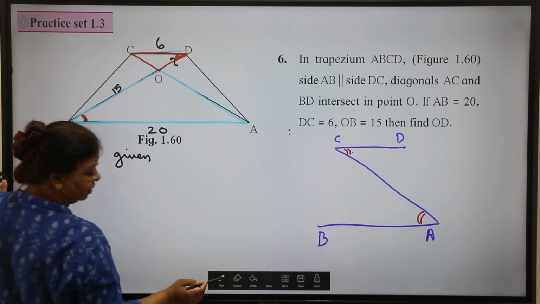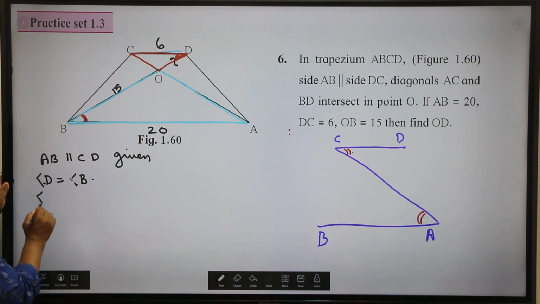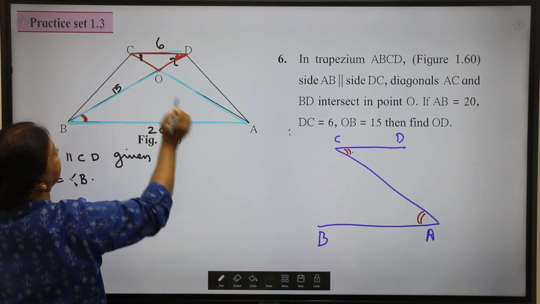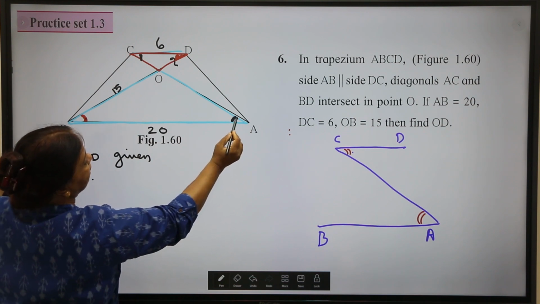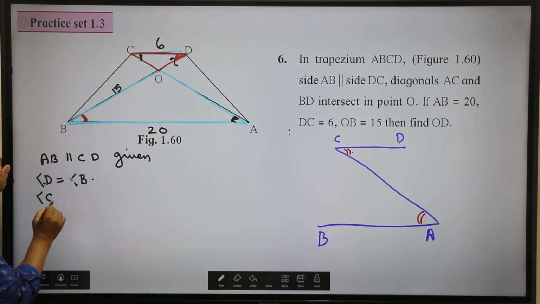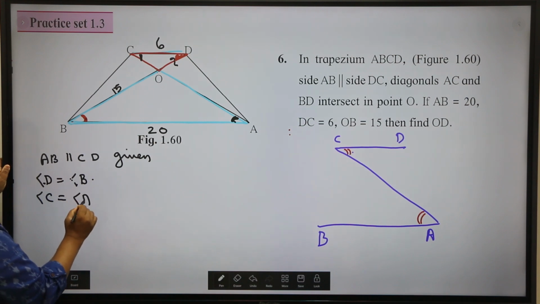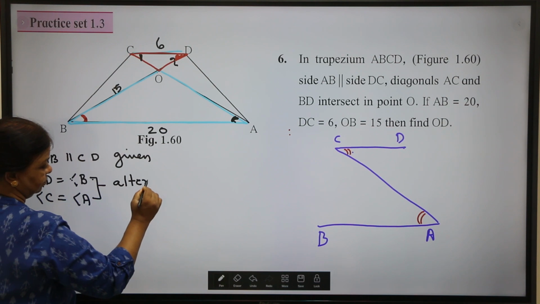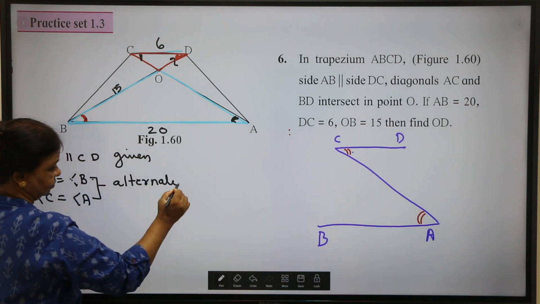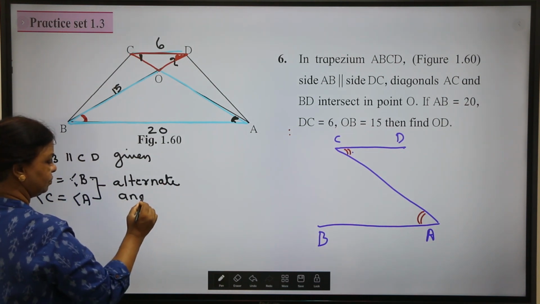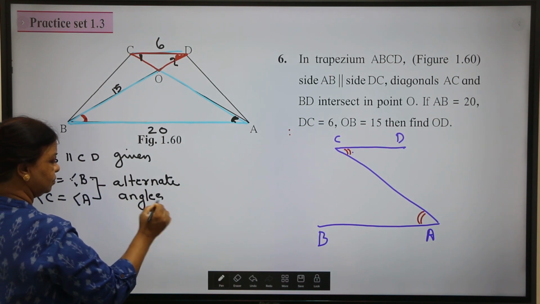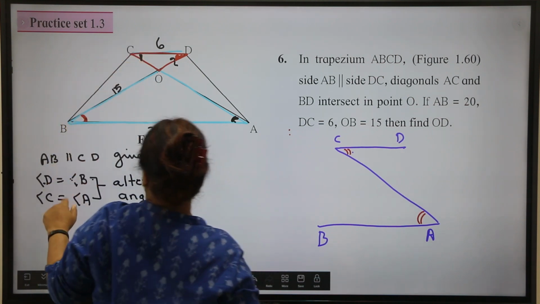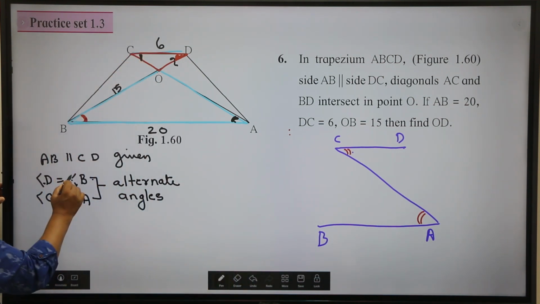So we can write here angle C is equal to angle A. And the reason: both are alternate angles when AB is parallel to CD.